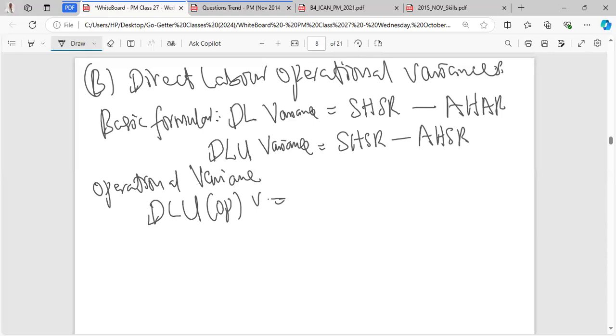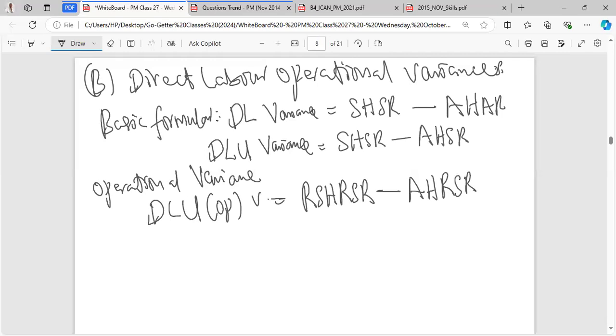So wherever you see standard, you change it to revised standard. So it's going to be revised standard hours, this is actual hours, it remains that way. Standard rate becomes revised standard rate. So that is for operational.